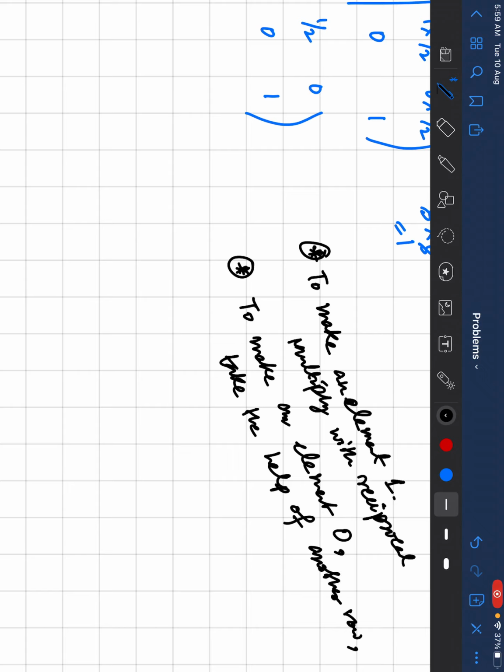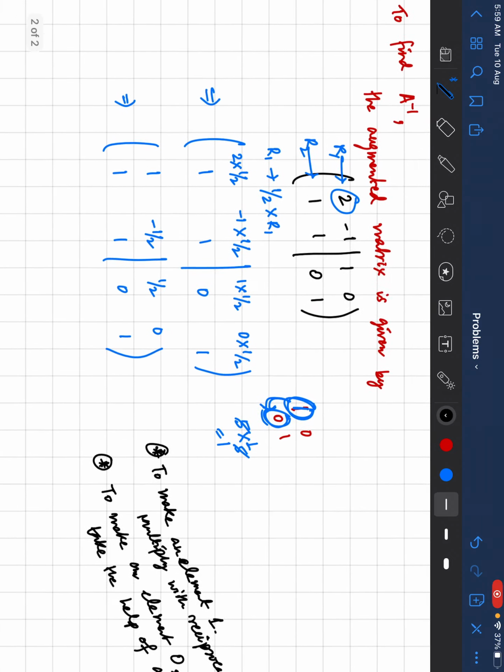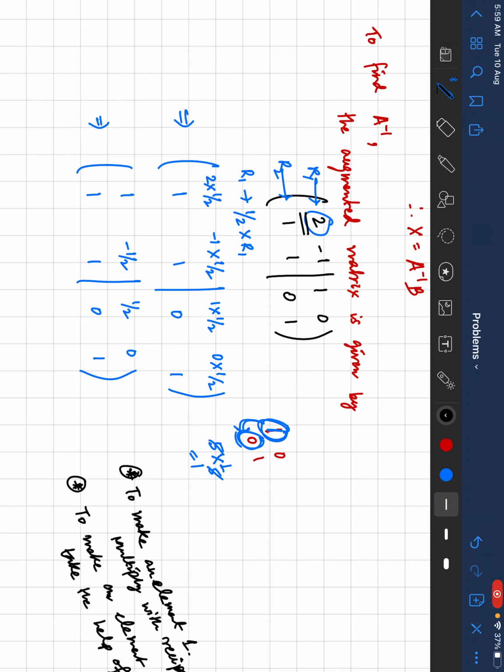If I have to make an element 1, we just have to multiply it with a reciprocal. So here I needed to make this element 1, so I multiplied this 2 with its reciprocal, that is half. But here I need to make this element 0. So in order to make this element 0, we have to take the help of another row.